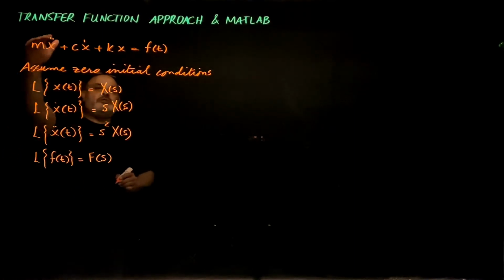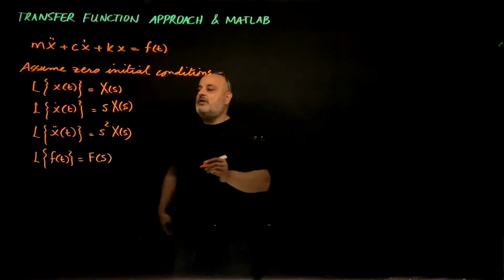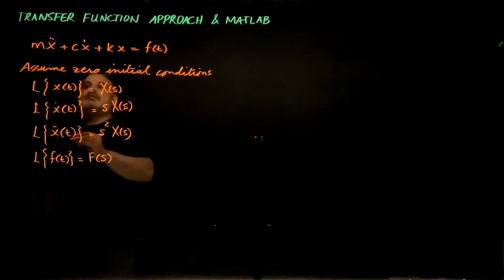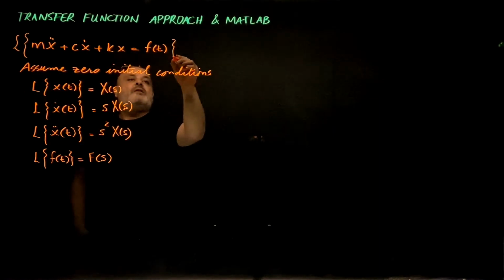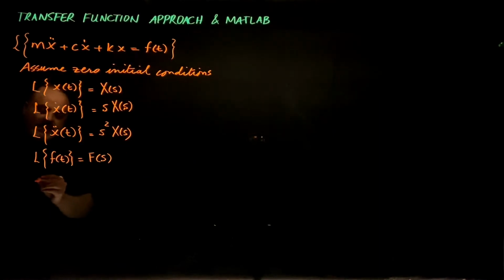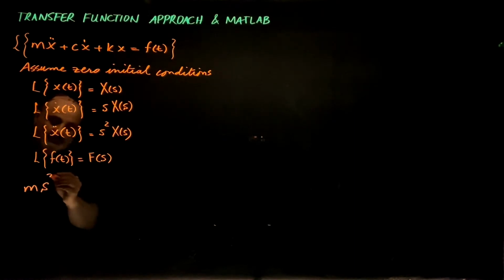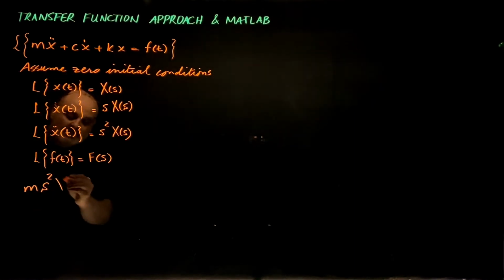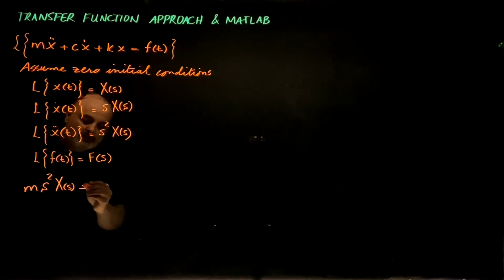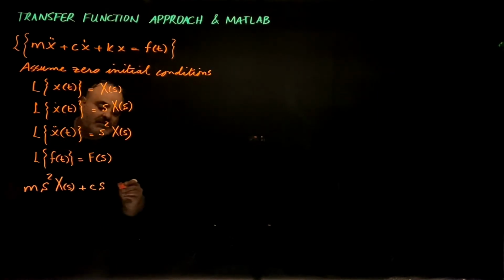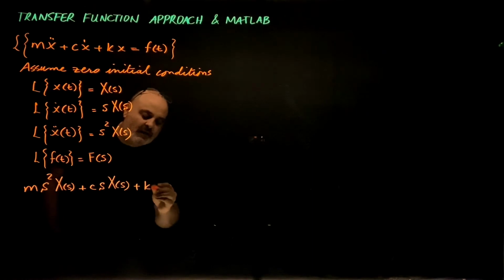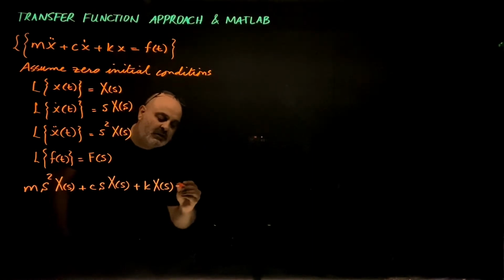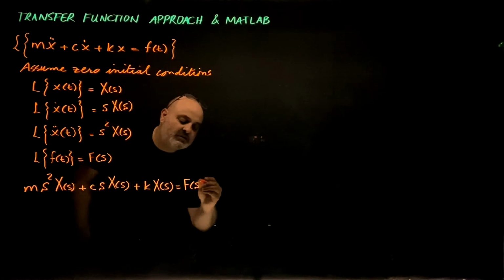So now substituting these into the equation of motion, taking the Laplace of the complete equation of motion, I would have m s squared x of s plus c s x of s plus k x of s equals f of s.